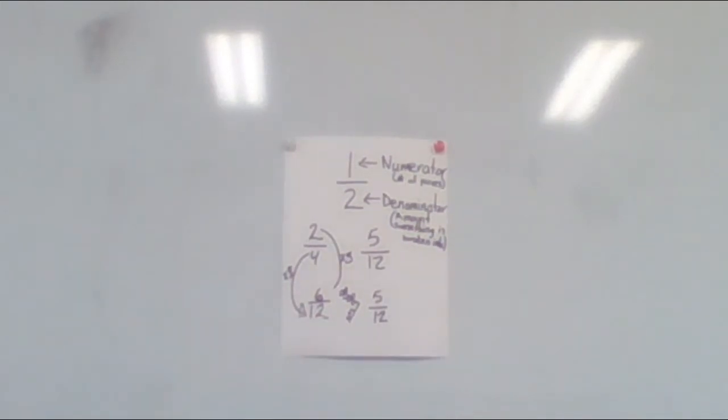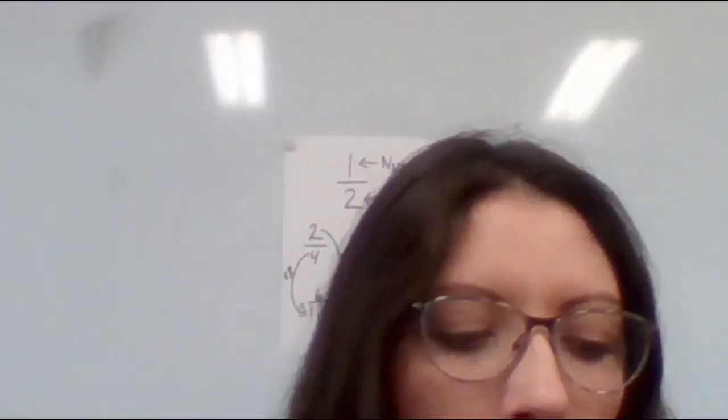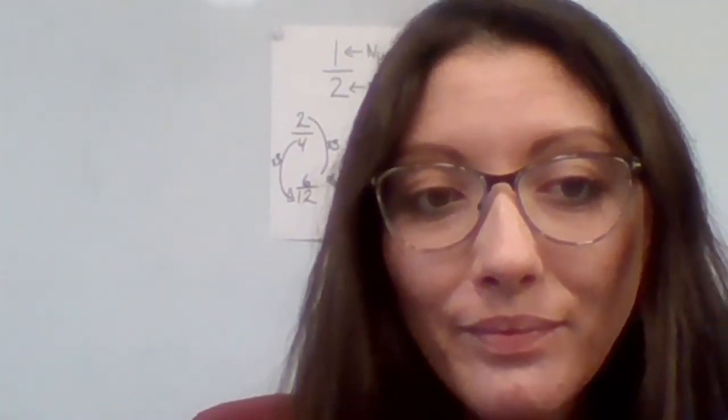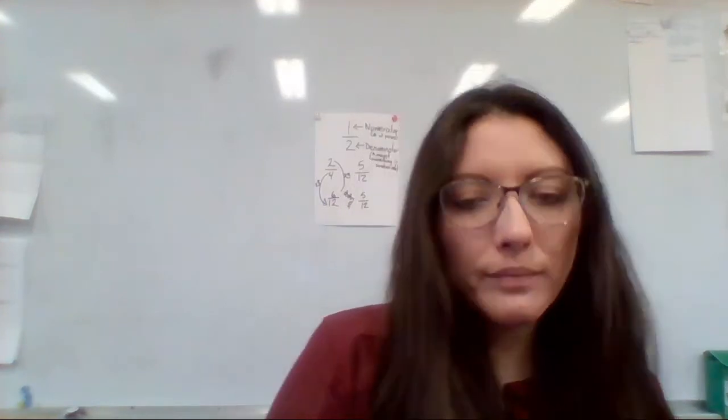Now, if we look at the pieces this way, let me unzoom here, I have a pizza. And my pizza is cut up into different pieces. So the denominator would be different. Here's 1/4. So how many pieces is this broken into?